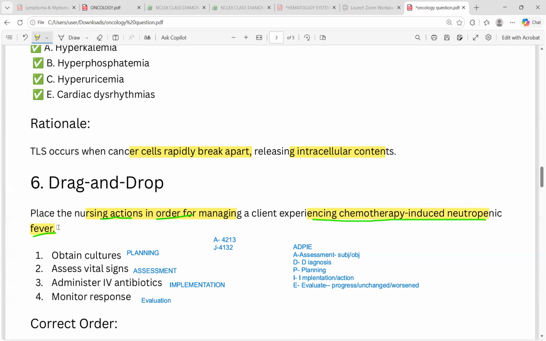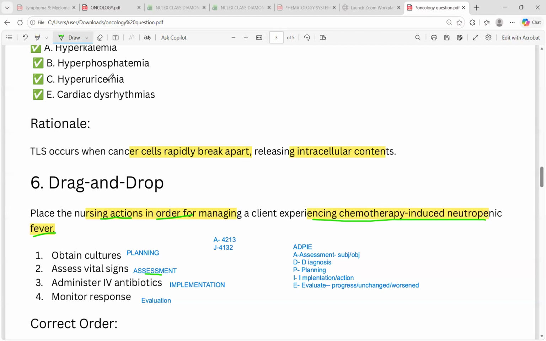So you have chosen evaluation as the first one. Is evaluation first? No, ma'am. Second, I am assessing with Ashwini to assess vital signs. Is the assessment second? No, actually, the first one will be the assessment.